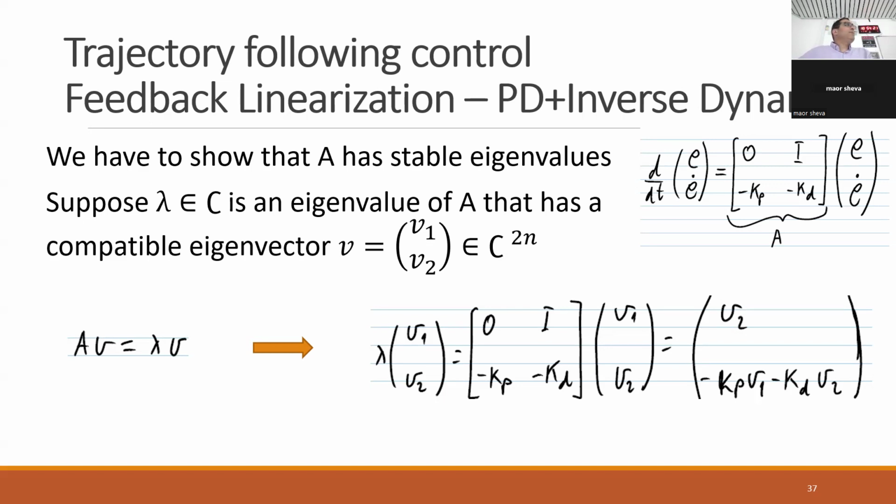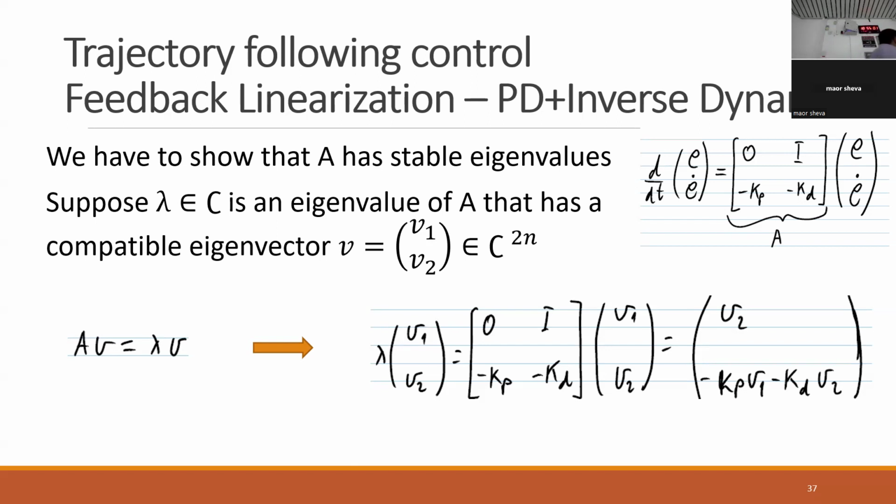And for lambda, this eigenvalue, we have a compatible eigenvector V, which is V1 and V2, which also can be complex. And from the relation between the matrix and the eigenvalue and eigenvectors, we know that AV equals lambda V, where lambda is an eigenvalue and V is a compatible eigenvector.